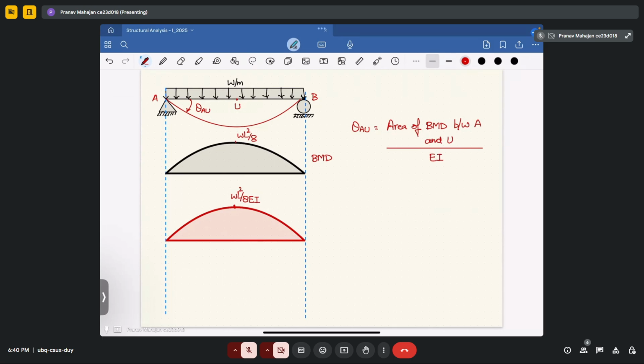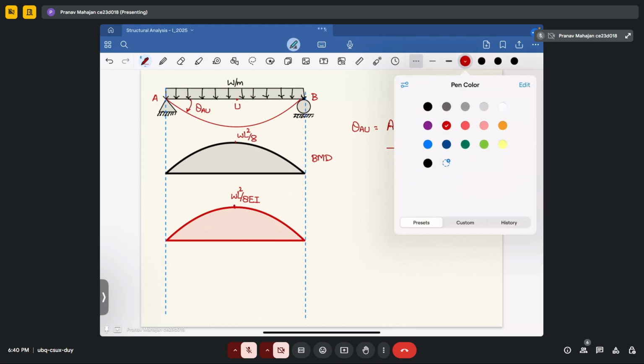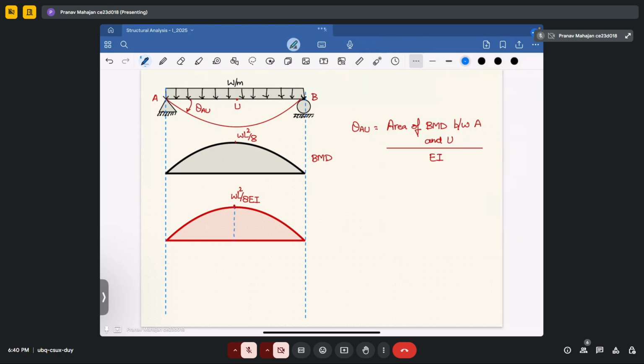Now this is the area that you have to calculate. So how will you calculate this area?